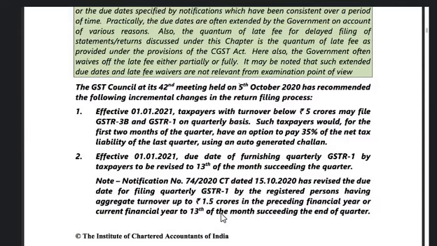In normal return filing, we file GSTR1 monthly and GSTR3B monthly. But in the system of quarterly return filing, you don't file GSTR1, you file only IFF. That is, instead of GSTR1 monthly, you are going to file the invoice furnishing facility, and that has to be filed by 13th of the month succeeding the month.